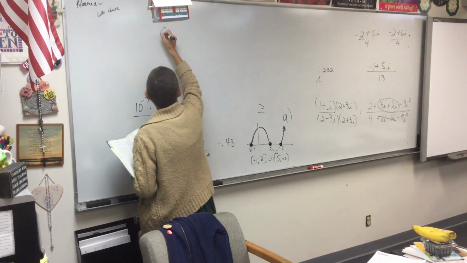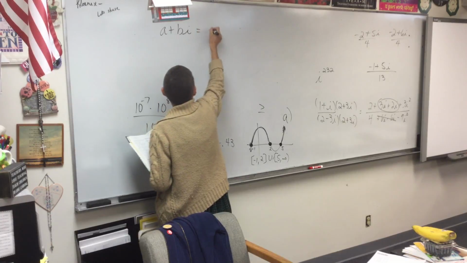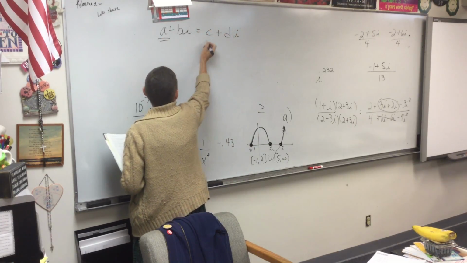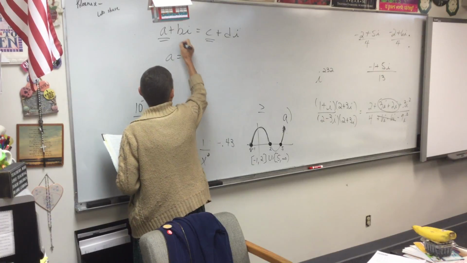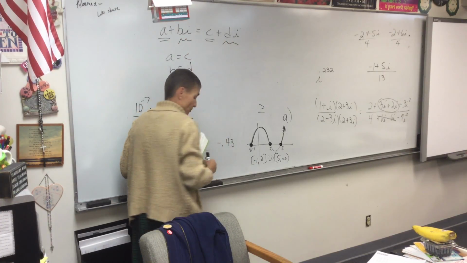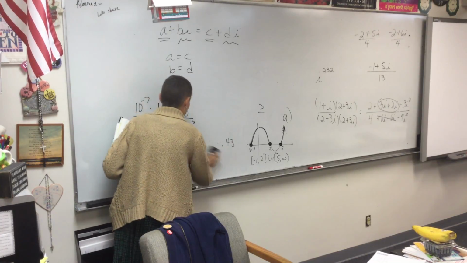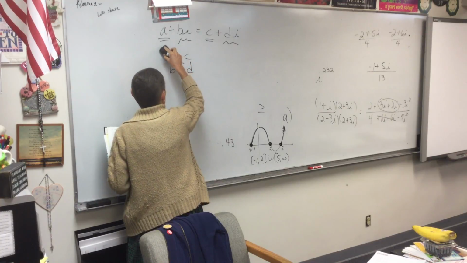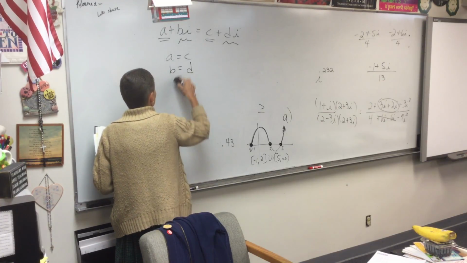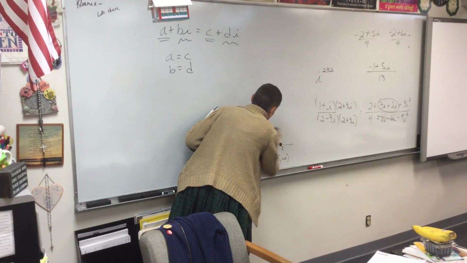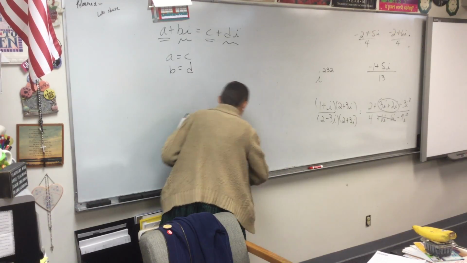If two complex numbers are equal to each other, the only way that can happen is if A equals C and B equals D. In other words, the like terms have to match up. So the stuff with no I's is equal, and the stuff with the I's is equal. That's what it means to be equal complex numbers.